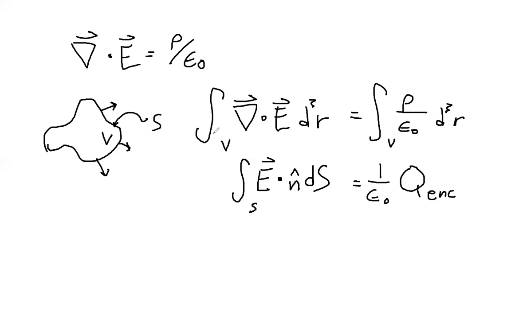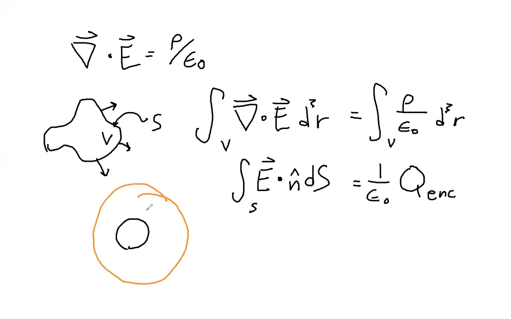And you usually use this expression to figure out the electric field of systems with high degrees of symmetry. Like if you have a spherical charge, a sphere with uniform charge distribution on it, you can define a surface that looks, say, like that. You define a surface that is centered on that charge.